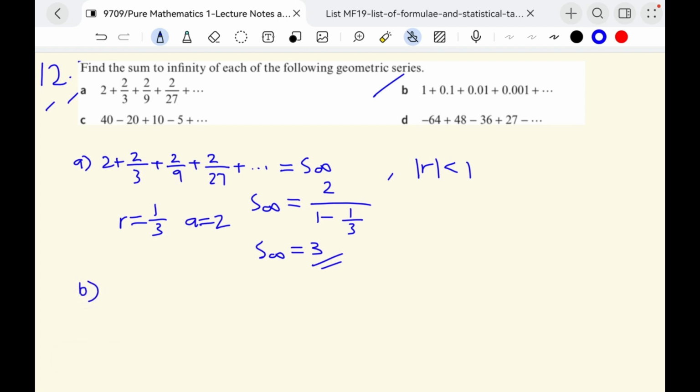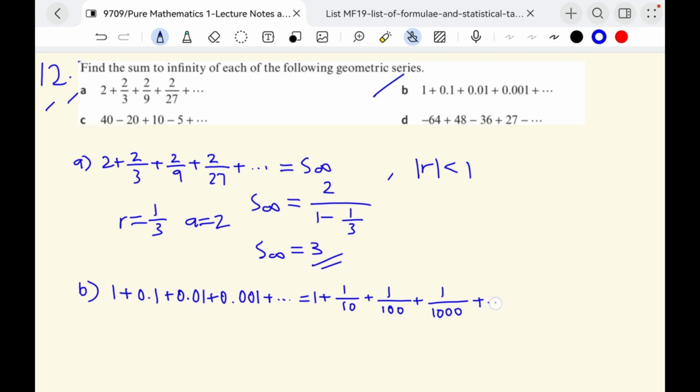Part B is likely a recurring series because of 1, 0.1, 0.01 plus 0.001. So it is also equal to 1, 1 over 10, 1 over 100, 1 over 1000.